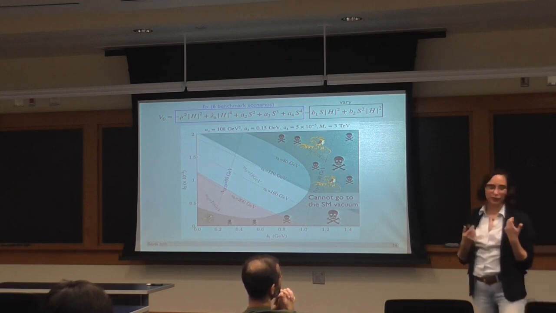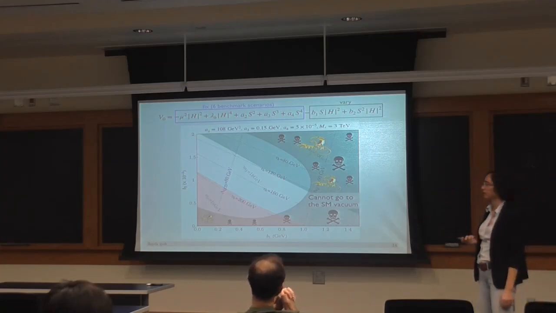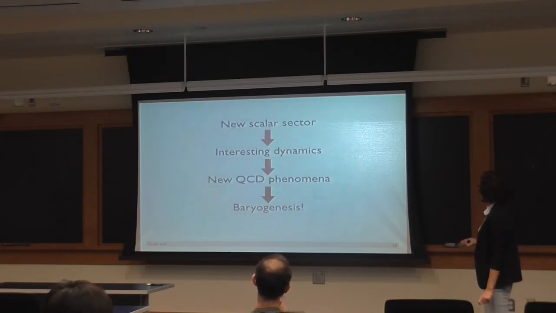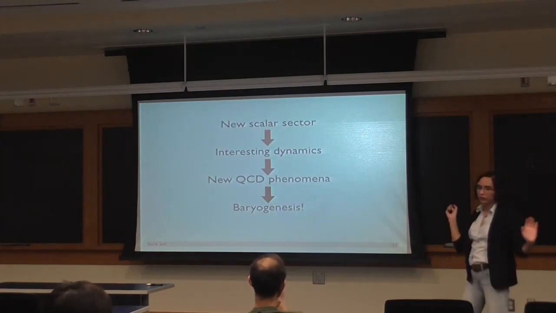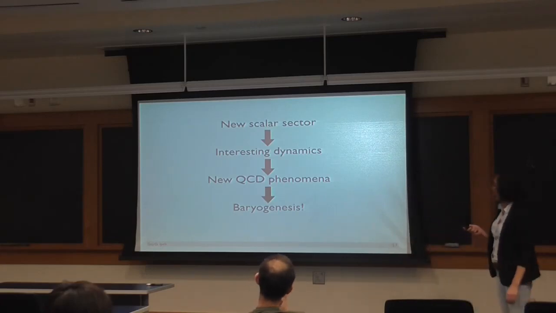So you're not doing anything to the QCD right now. It's at zero temperature basically. Even at RHIC and such, it's not a high enough temperature to excite S. So this part was just the interesting scalar dynamics, phase transitions and the new QCD phenomena.